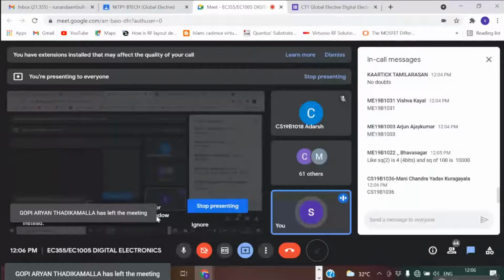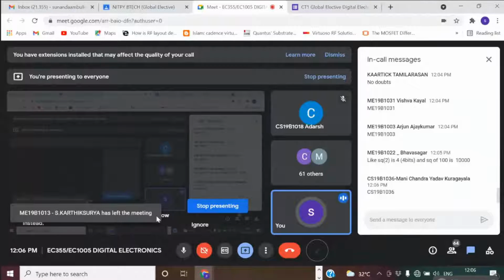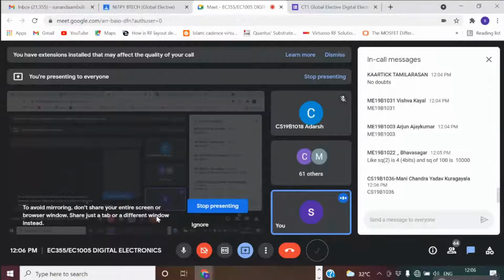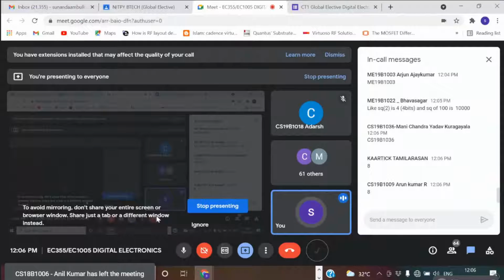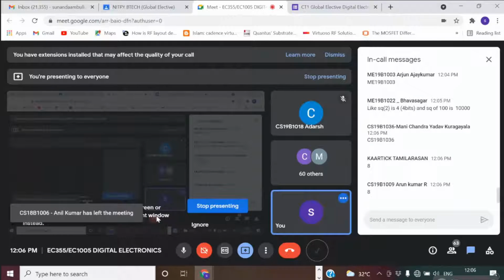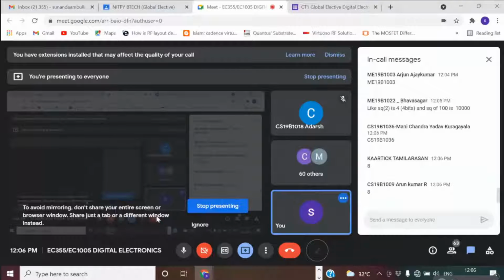Anyone tell me if you have a doubt. 2 to the power 3. If 3 bits are there, how many numbers will it generate in decimal? 2 to the power 3, 8 numbers. Obviously, that 8 you need to convert in binary. Clear? What I am saying, a 3 bits number is there.